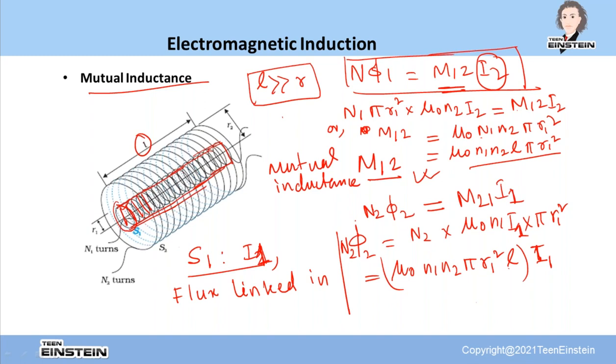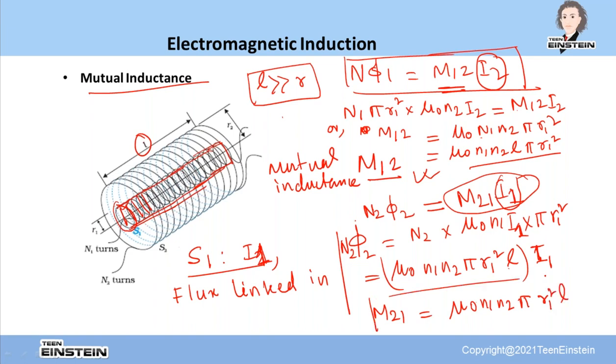So if I compare both sides, this N2 phi 2 with this one, just leave this I1. So M21 will be mu 0 N1 N2 pi R1 square into L. This is M21, that means the mutual inductance of the outer solenoid due to the inner solenoid.